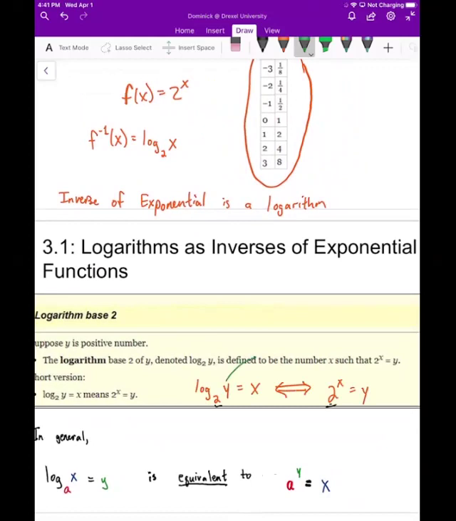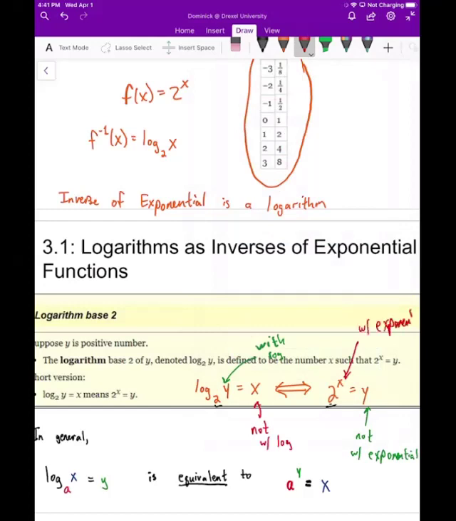Now, y is with the logarithm, but y is not with the exponential. And on the other hand, x is not with the log, but it is with the exponential.